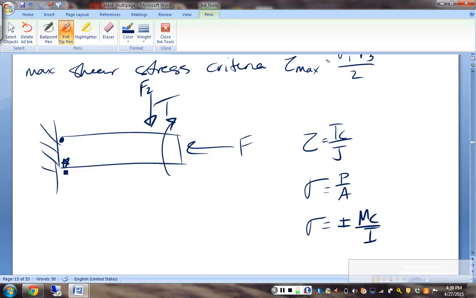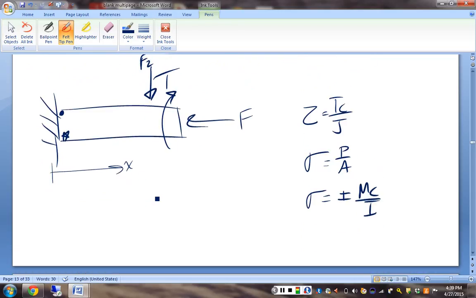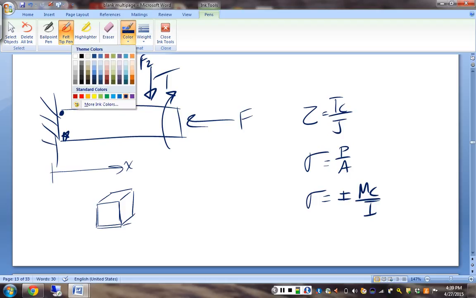Okay. Refreshing our memory, what all along have we said this coordinate has been along the beam, has been our x coordinate, right? So now let's think about drawing, and this may be helpful to your combined loading projects as well. Let's think about a little cube of material up there at noon. Okay? What's going on at noon? I'm going to try and do some color coding.